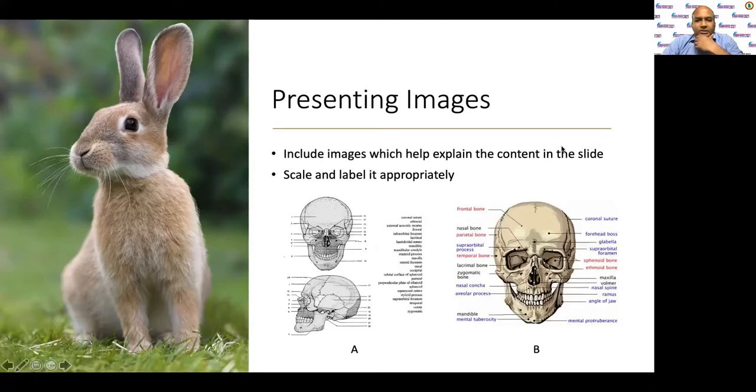Now, if you look at these two images, A and B, which image do you think is easier in terms of reading and easier in terms of interpreting, learning? Image B, sir. Why do you think it's B?